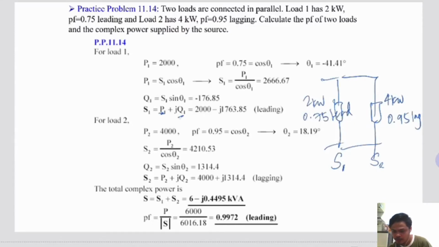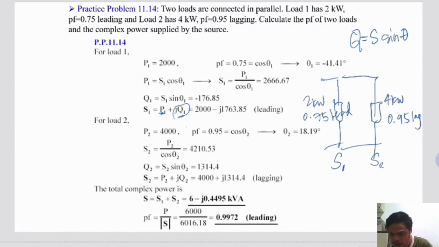Since the given is 2 kilowatts and 0.75 leading power factor, we have to determine the Q, or the reactive power, and to do that we need to compute first for S because Q is S sine of theta. So theta is given, so we need to compute for S.